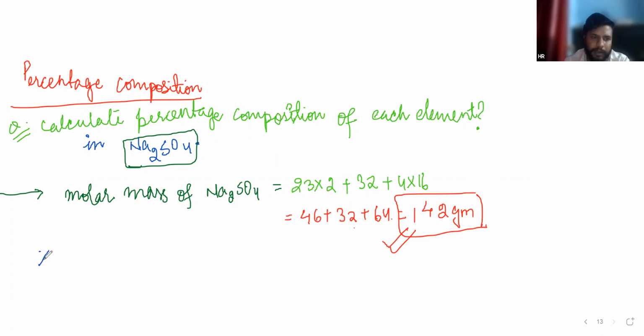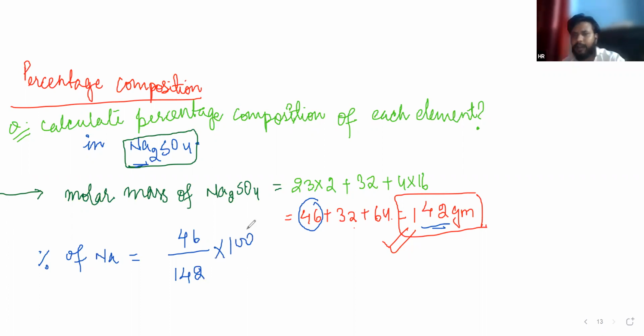Now see, percentage composition of sodium equals how many grams of sodium are present in 142 gram, that is 46 gram. So 46 divided by total mass of the compound 142 into 100. It's just like calculating percentage for your marks: marks obtained divided by total marks into 100.